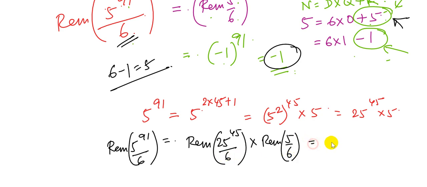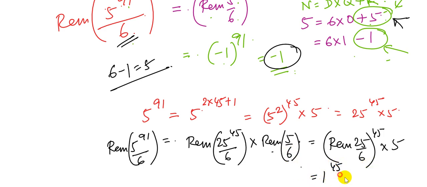This is equal to the remainder of 25 by 6 to the power 45 times the remainder of 5 by 6, which is 5. Now, what is the remainder of 25 by 6? This is 1. So, this would be 1 to the power 45 times 5, which is 5.